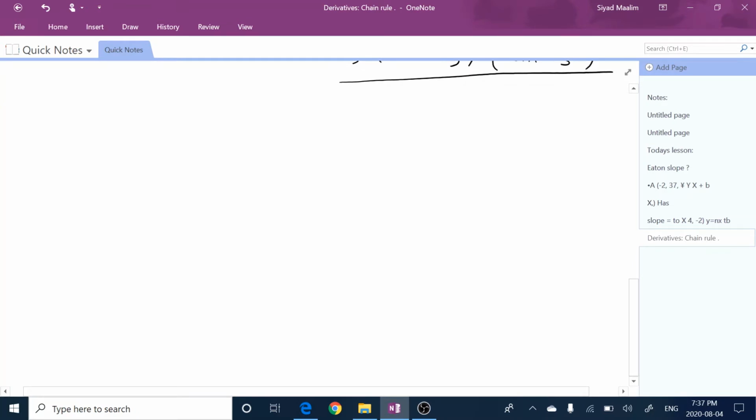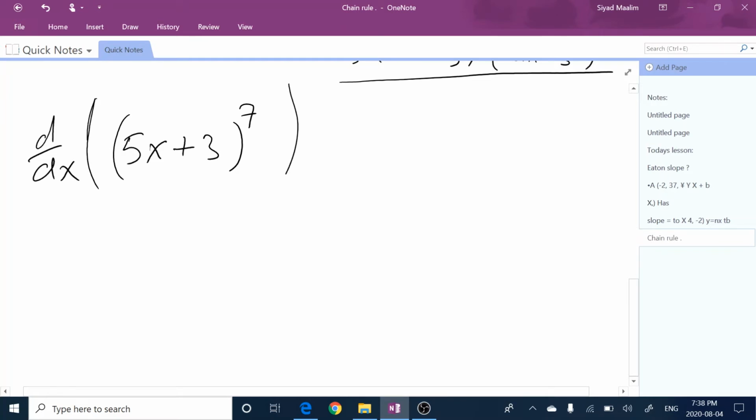Say for example you have 5x plus 3 to the power of 7, and you want to find the derivative of all this. So the formula is take the derivative of the outer function.